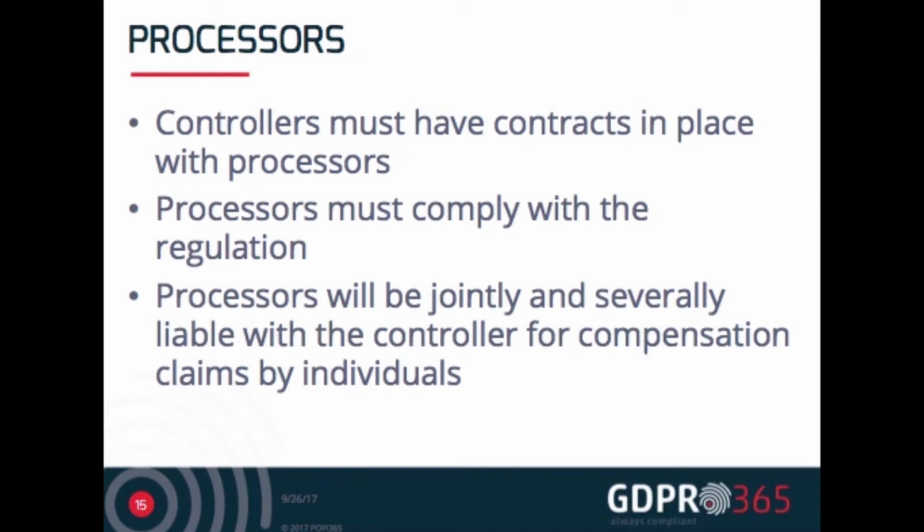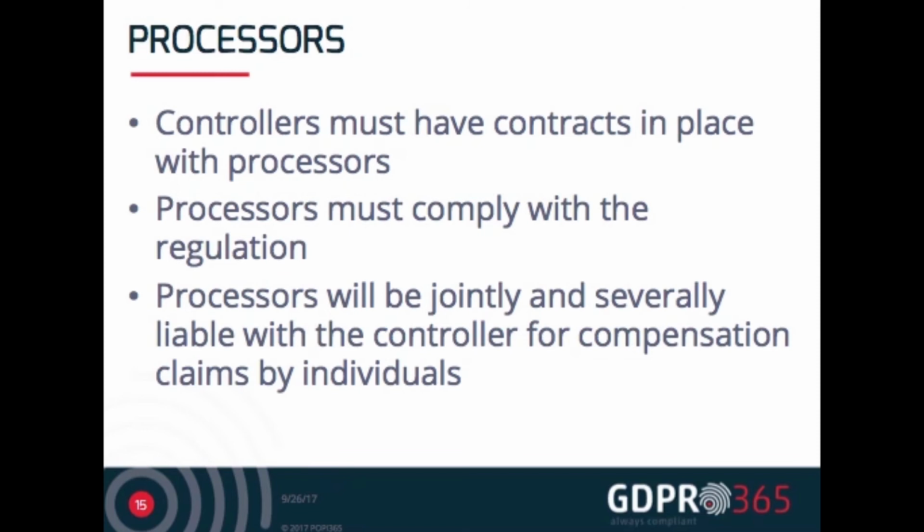If the processor is then going to provide the personal data to another processor for further sub-processing, that authorization needs to be included in writing in the contract between the controller and the processor. If the controller needs to request help from the processor, the processor has to be obliged to assist the controller.